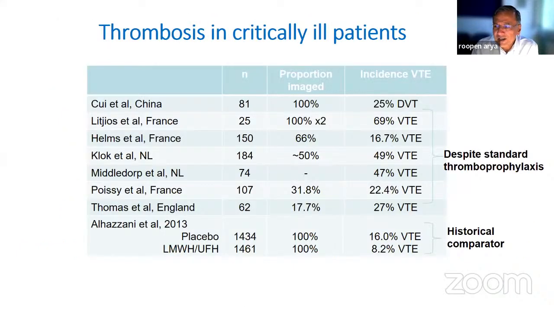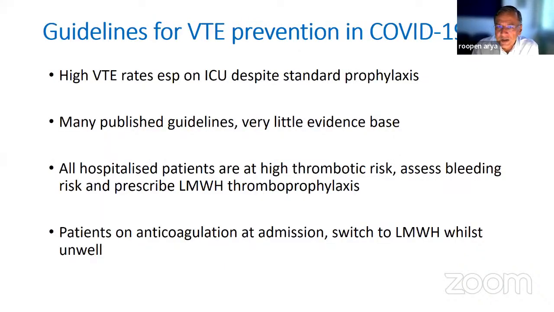So really, this was despite the use of standard thromboprophylaxis, which is why we were all thinking that we needed to use intermediate dose anticoagulation, because there were high VTE rates despite the standard prophylaxis.